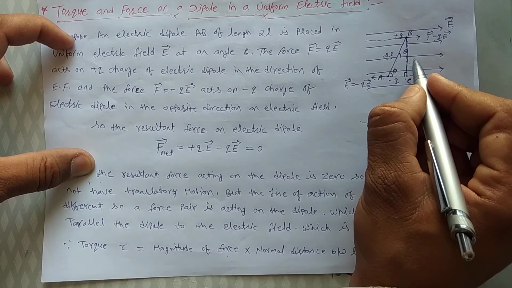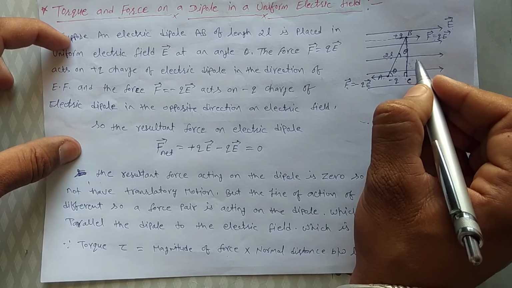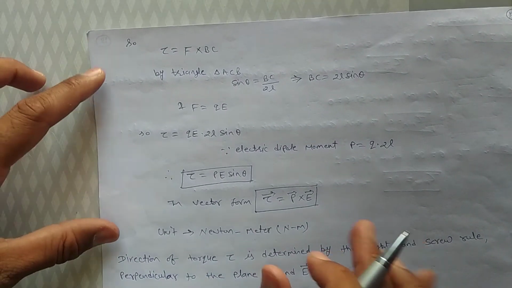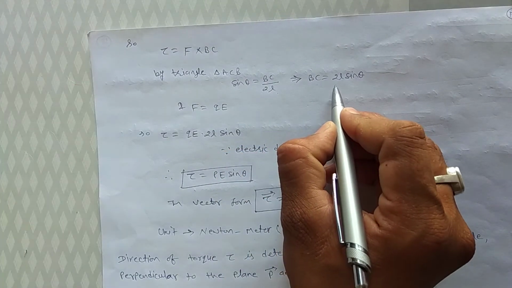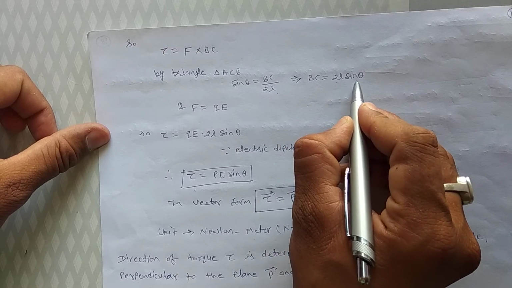So sin theta is equal to perpendicular upon hypotenuse. So sin theta, by this triangle, is BC upon 2L. So BC is equal to 2L sin theta.